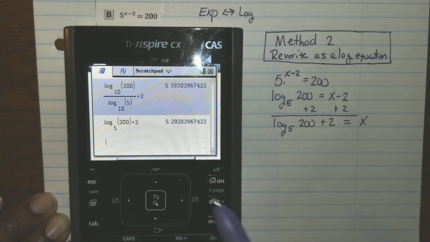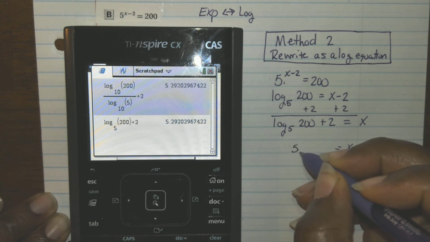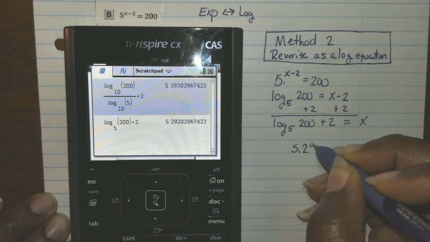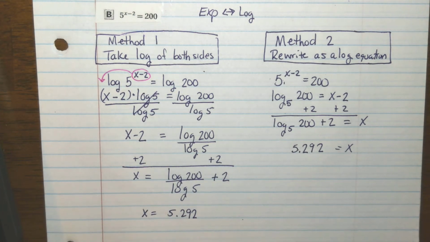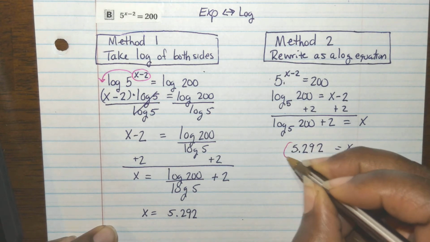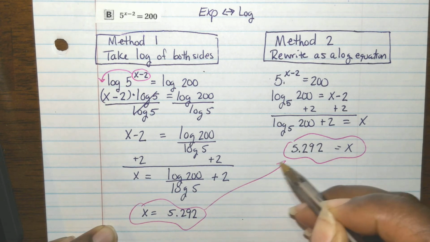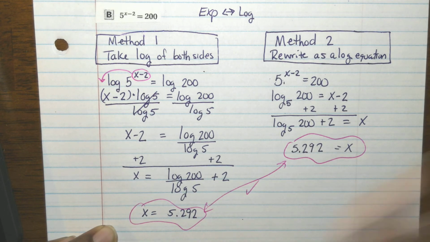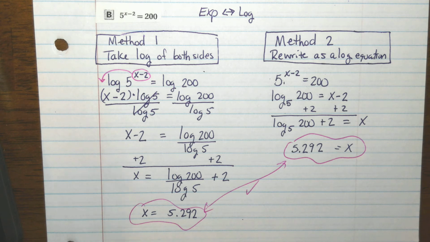Our solutions here match. We have that our x value is equal to 5.292. Okay? And as always, if we want to check our work beyond this, we can plug this 5.292 into the original equation, and you can check it out.